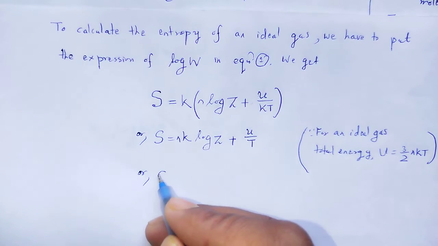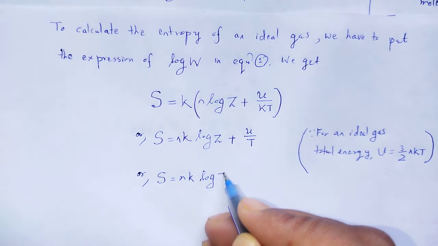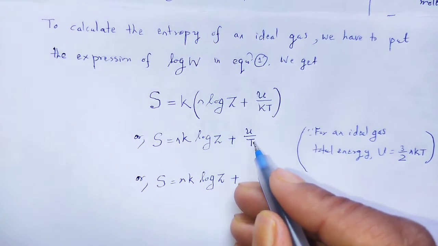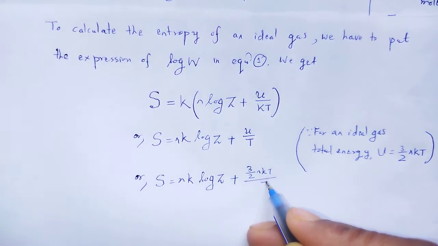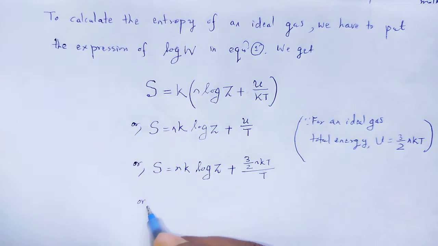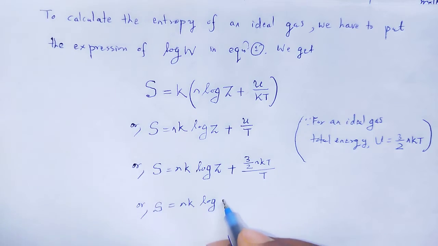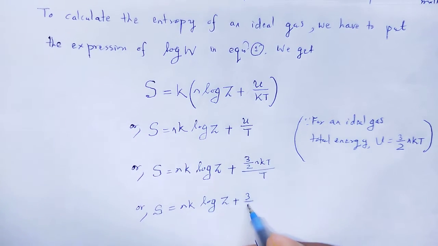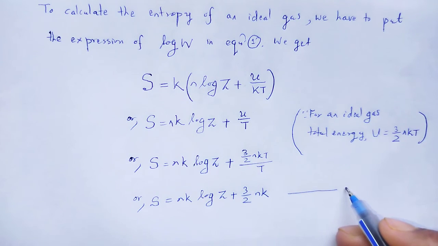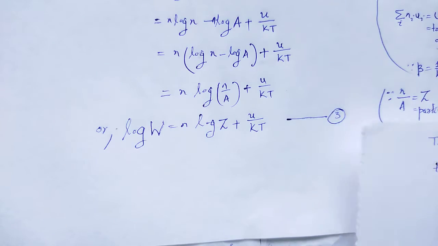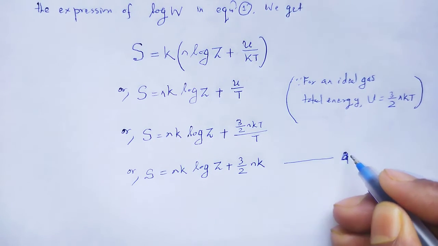So the expression of entropy S is equal to NK log Z plus U as 3 by 2 NKT divided by T. Now TT cancel out. The expression of entropy is equal to NK log Z plus 3 by 2 NK. That is the expression number 4. Equation number 4.